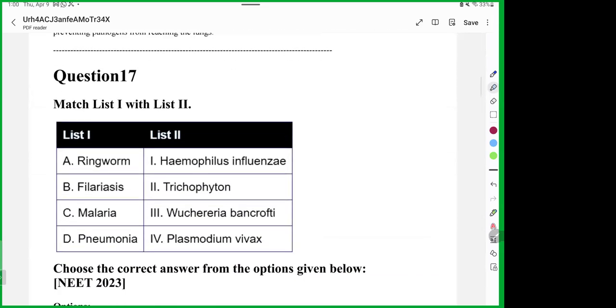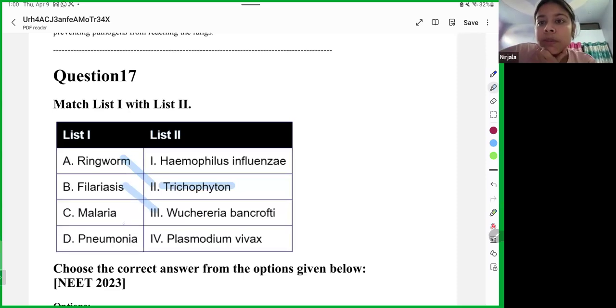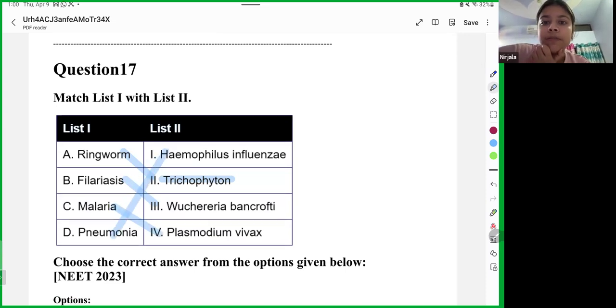Next, Nirjala: ringworm, Wuchereria bancrofti, malaria. Malaria, Plasmodium vivax; pneumonia, Haemophilus influenzae.